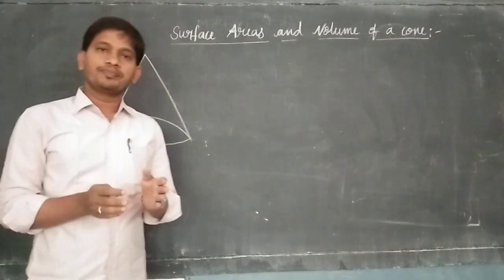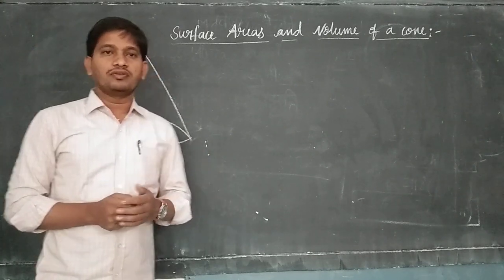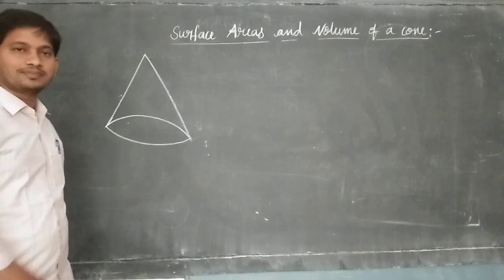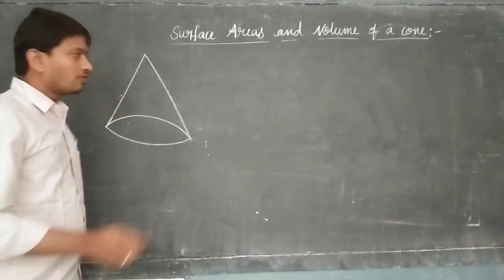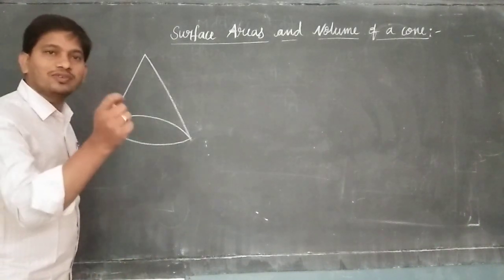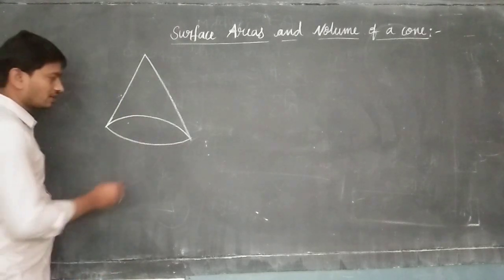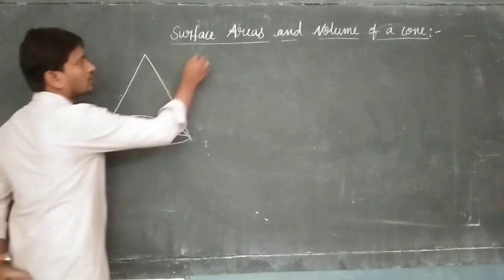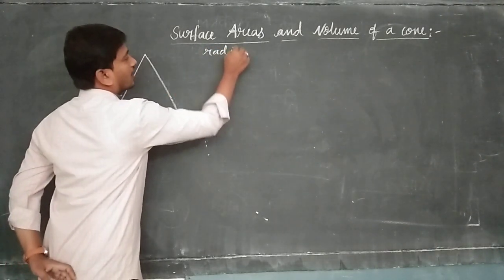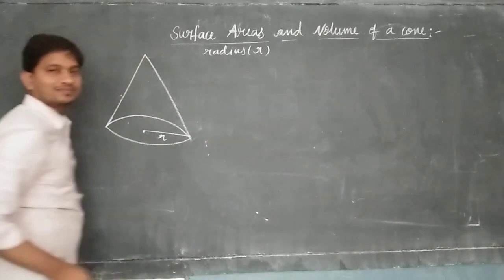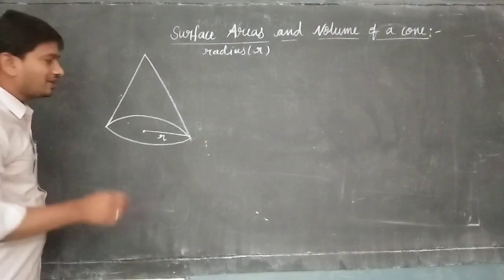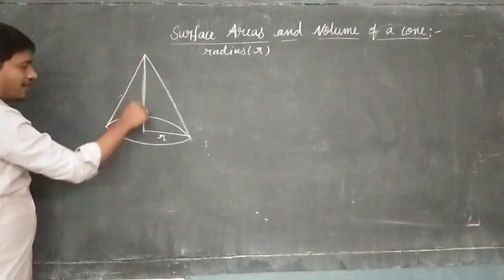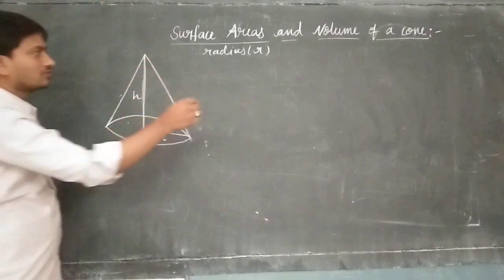A cone is also a three-dimensional object, which is also called a 3D figure or solid object. What are the dimensions of a cone? It has radius r and height. This is the height of the cone, h.